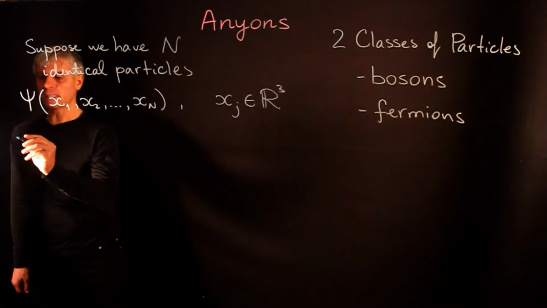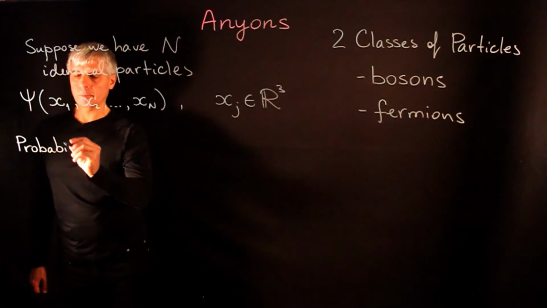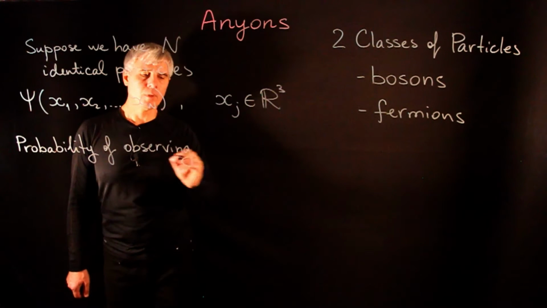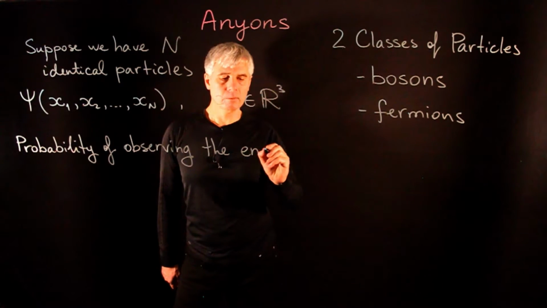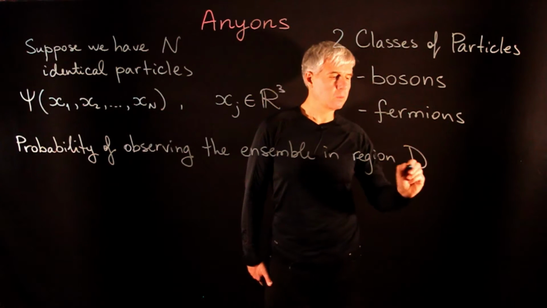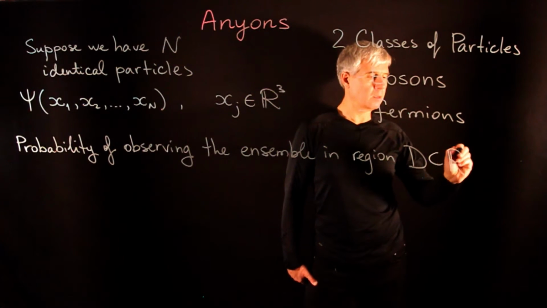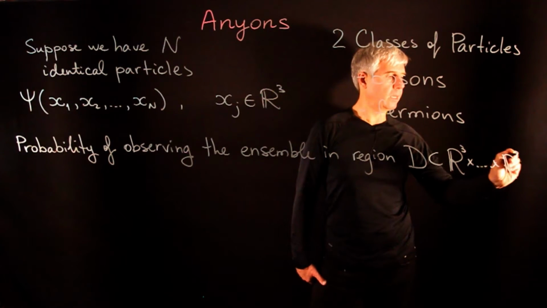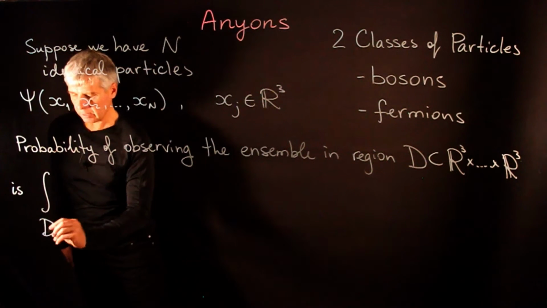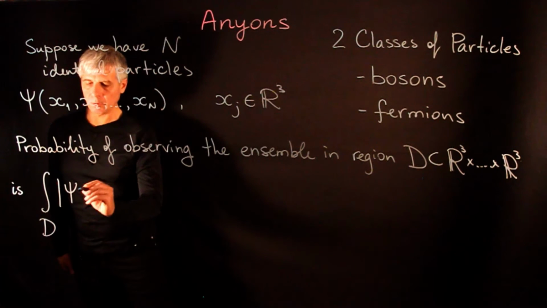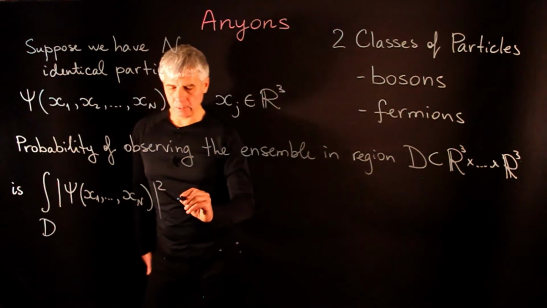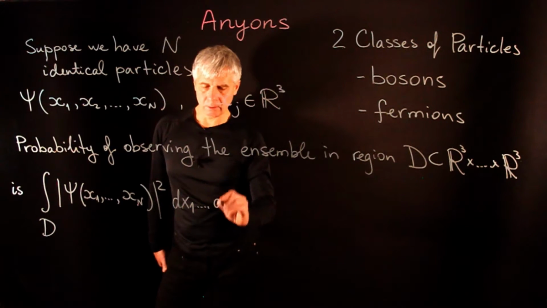So this means that the probability of observing this ensemble in a region D, which is inside R3 cross R3 and so on, is given by the integral over D of the absolute value of psi of x1, ..., xn squared, dx1 ... dxn.